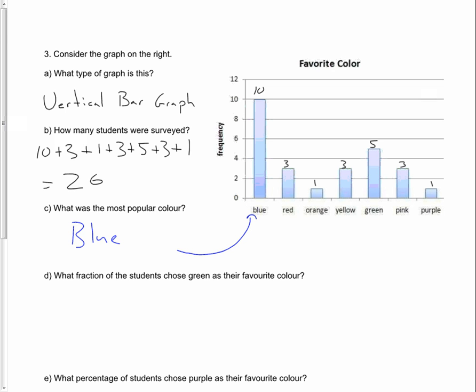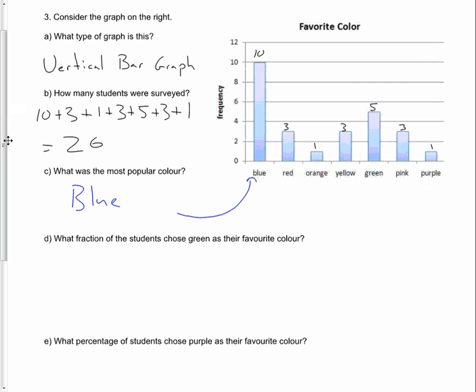Okay, if we now look at question 3D, it says what fraction of the students chose green as their favorite color? Okay, so we're getting back into the world of fractions. So again, a fraction is always a part of a whole. And so in this case, the whole is what, and the whole number always goes on the bottom. The total number of students that were asked was 26. Okay, that's our whole. It says the fraction or the part of the students who chose green as their favorite color, that's the piece that goes at the top of the fraction.